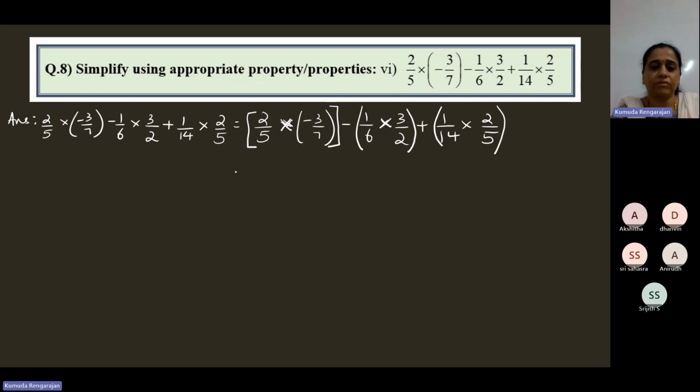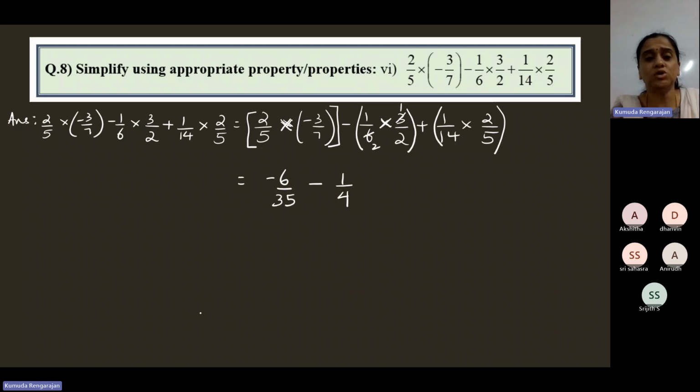Now, here you cannot simplify. In the first bracket, no cancelling happens. So multiply the numerators. 2 into minus 3 is minus 6 by 7 5s are 35. In the second bracket, we can cancel. 3 1s are 3, 2 2s are 4. So minus 1 into 1, 1, 2 into 2, 4. Multiply the numerators, multiply the denominators.